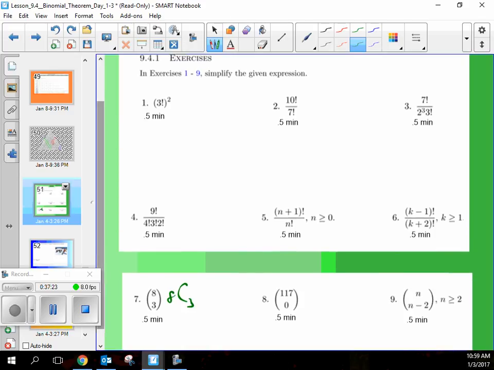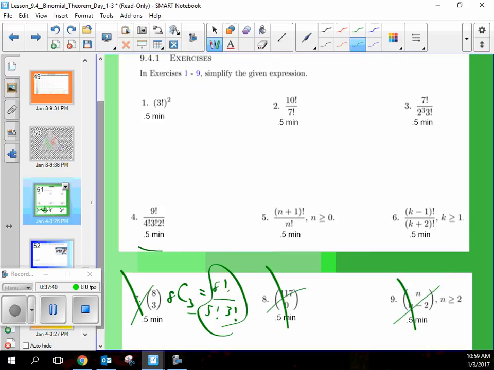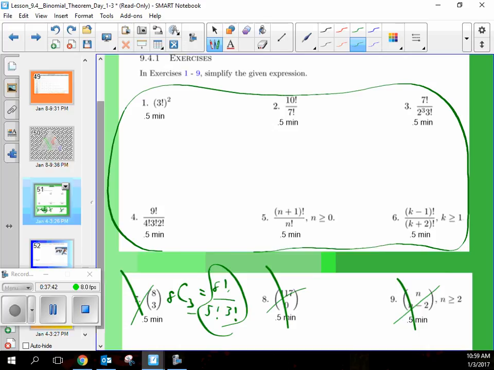And I think some of you will remember that that's really 8 factorial over 8 minus 3 is 5 factorial with an extra one of these, 3 factorial. That's how to do that, but we're skipping this section. But these are just a warm-up for tomorrow, really.